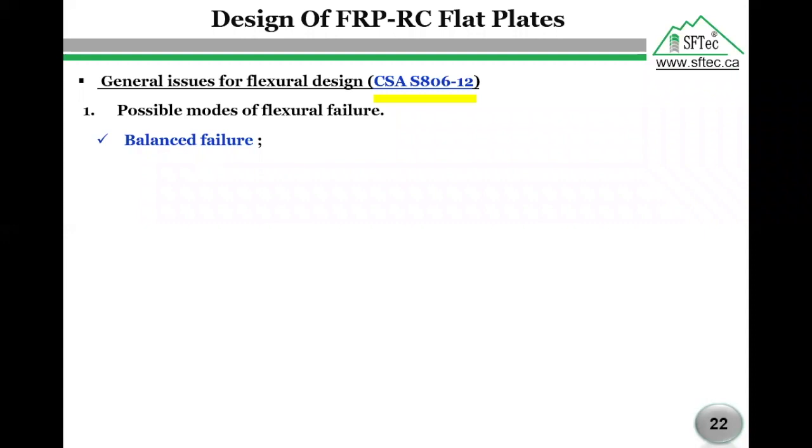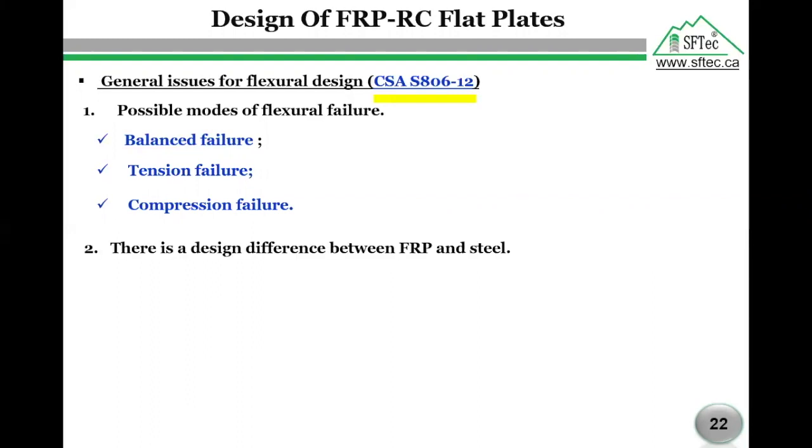The first one is balanced failure, which represents simultaneous rupture of FRP bars and concrete crushing. The second one, tension failure, which represents FRP bars rupture before crushing of concrete. The third one is compression failure, which represents the concrete crushing while FRP remains in the elastic range with a strain level smaller than the ultimate strain.